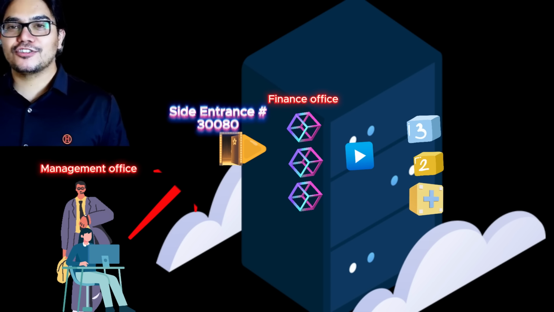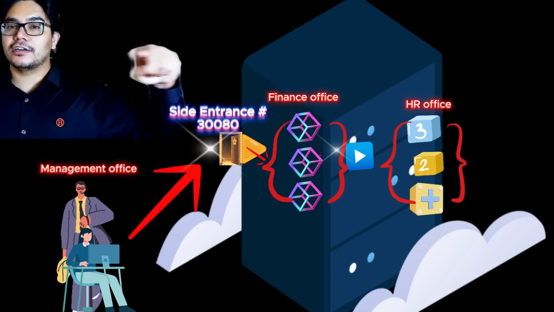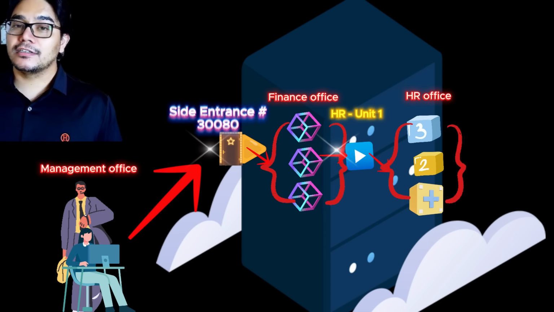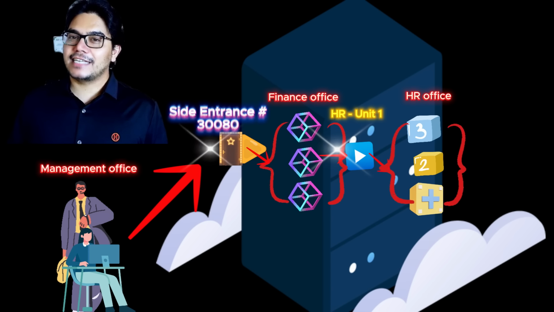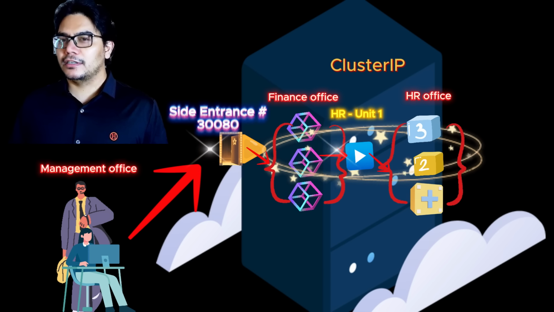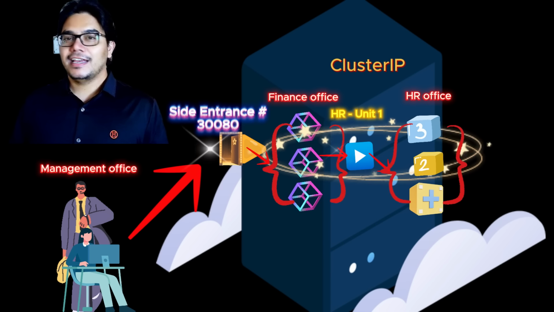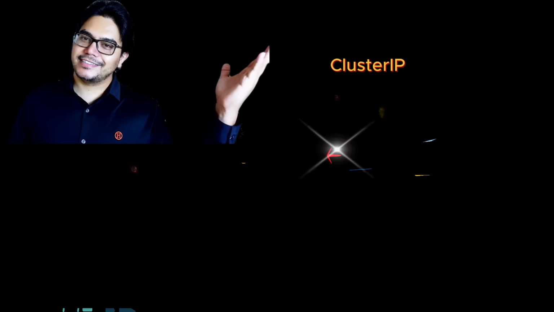Notice what just happened. Management reached finance through the external entrance, but finance communicated with HR using the normal internal office pathways we discussed earlier. This is exactly like finance using the ClusterIP services to talk internally inside the cluster. And because everyone can still communicate properly, everything works.